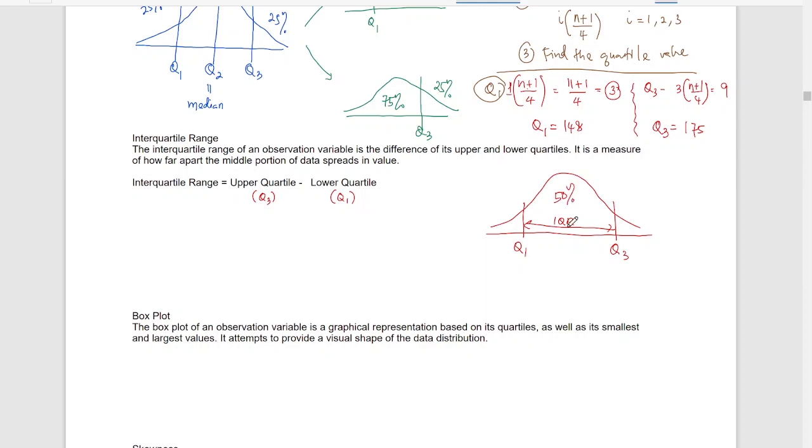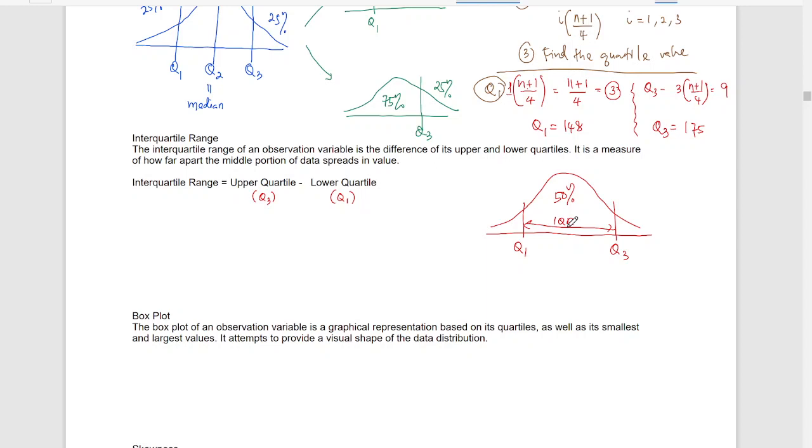So when it consists of 50% of your data set, this can be a guideline to show that it is approximately normal. You know that for the normal distribution, the bell shape, it should be 68%, right? So this is close to the normal distribution. It's not normal, but it is close to normal.